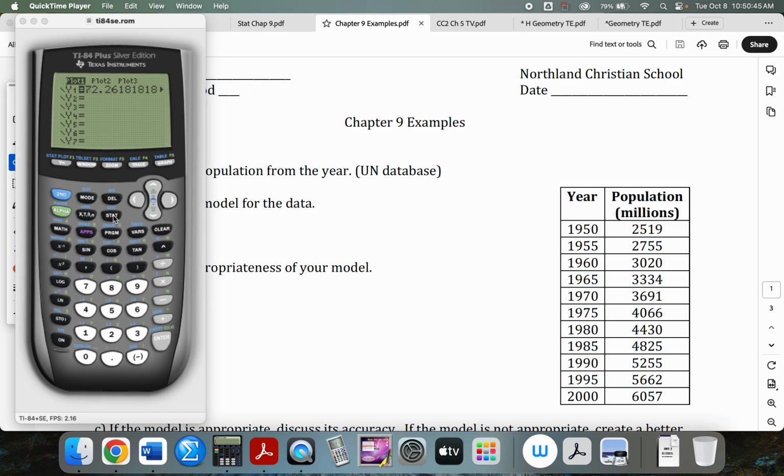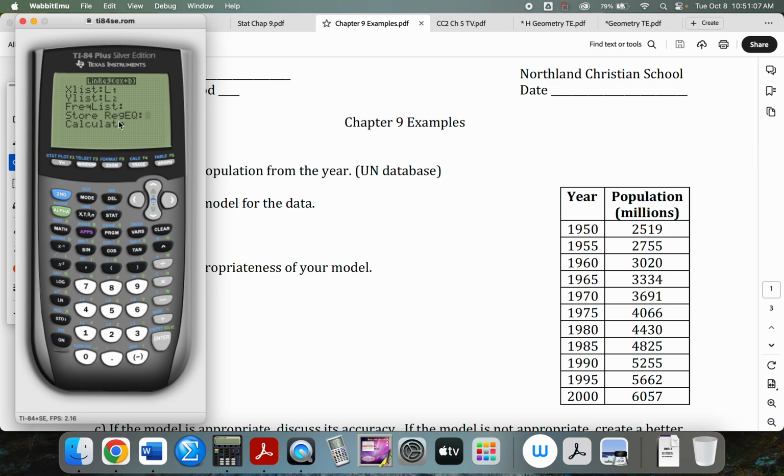So one of the things you can do when you're doing this on the 84 to make it a little bit nicer, when you go over here to calculate your linear regression, typically you have your stuff in L1 and L2. There is no frequency list.